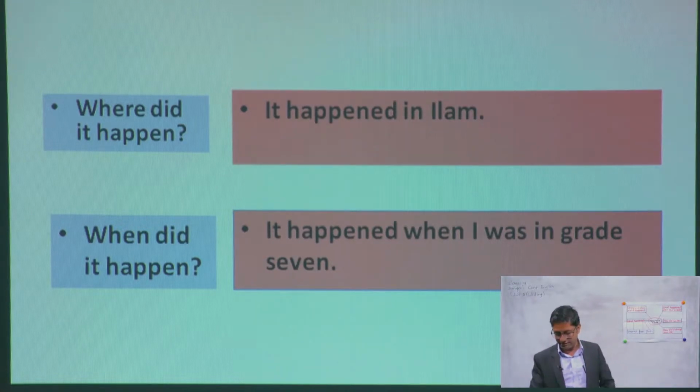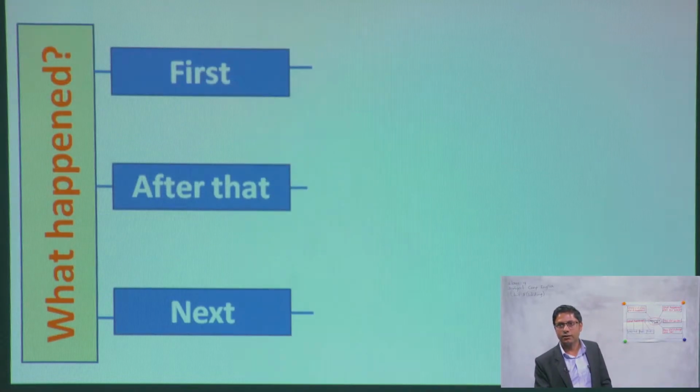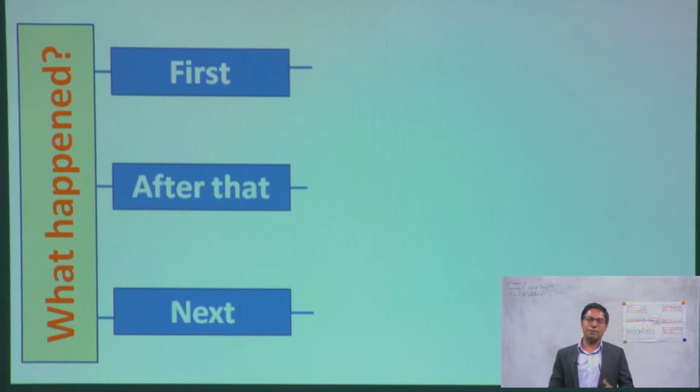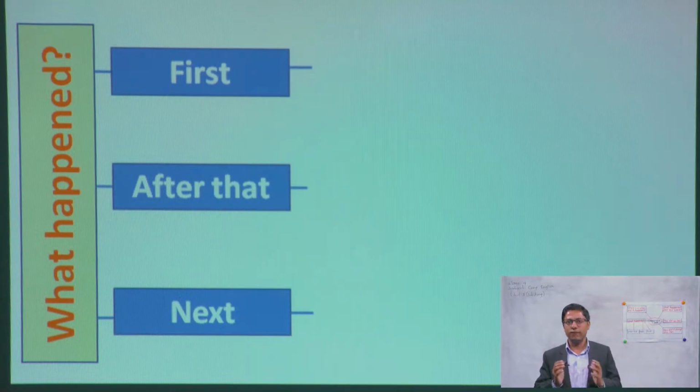That way you can write. Now there is the next question. What happened at the first? What happened after that? And what happened next? You keep on recalling. You keep on following me and making the notes there too.